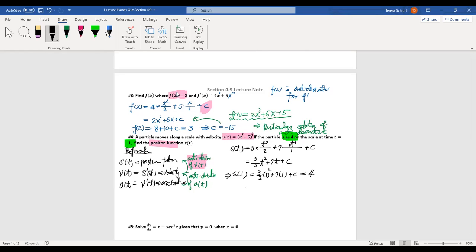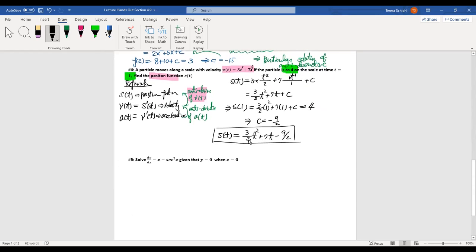Then you can solve for the c. If you solve for c, you get c is -9/2. So finally, my position function will be 3/2 t squared plus 7t minus 9/2. This will be my particular solution for my position function.